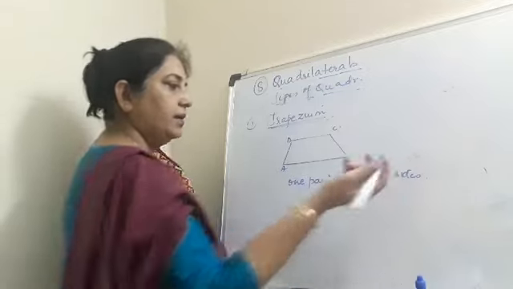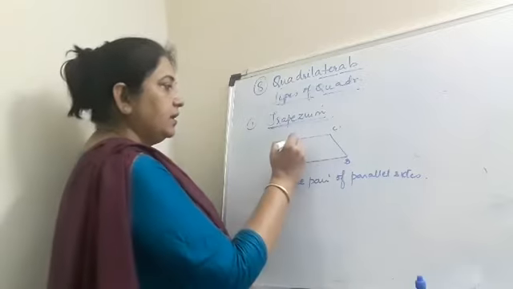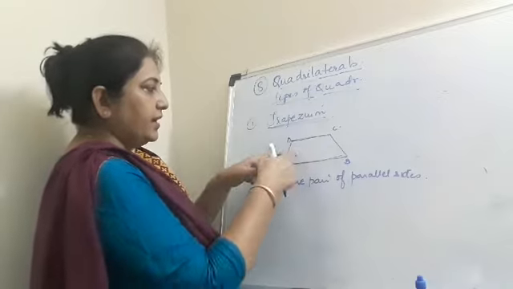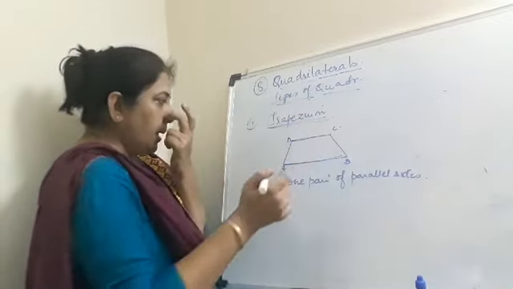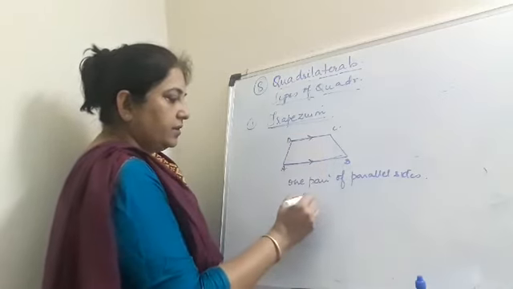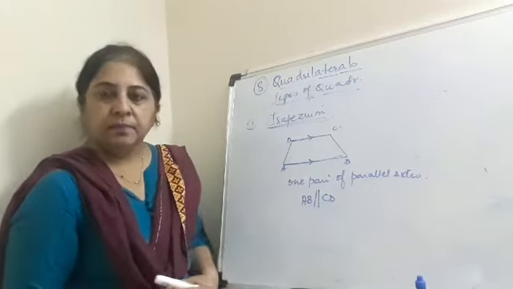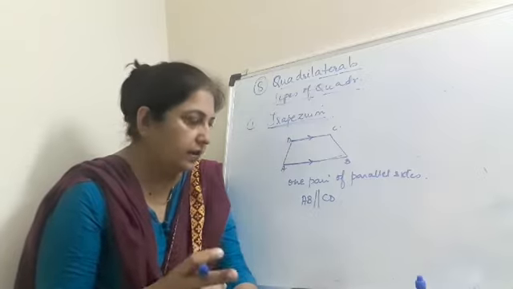Now you know what parallel lines are; you have done this in previous chapters. These are parallel lines. These are not parallel lines, because if you extend or produce them, they will meet. AD and BC are not parallel. So we can write AB is parallel to CD. So what is a trapezium? A trapezium is a quadrilateral with one pair of parallel sides.